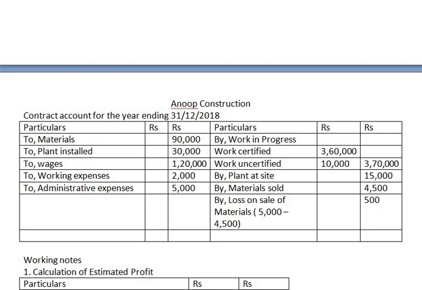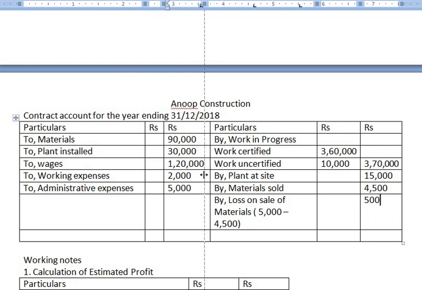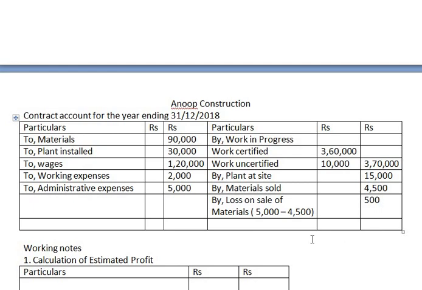If it is profit, then we take it on the debit side, but when there is a loss, we need to take it to the credit side. Hope everybody is understanding this.